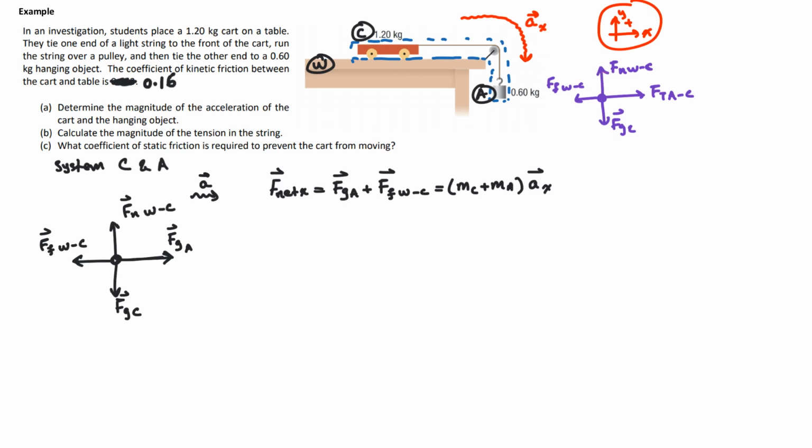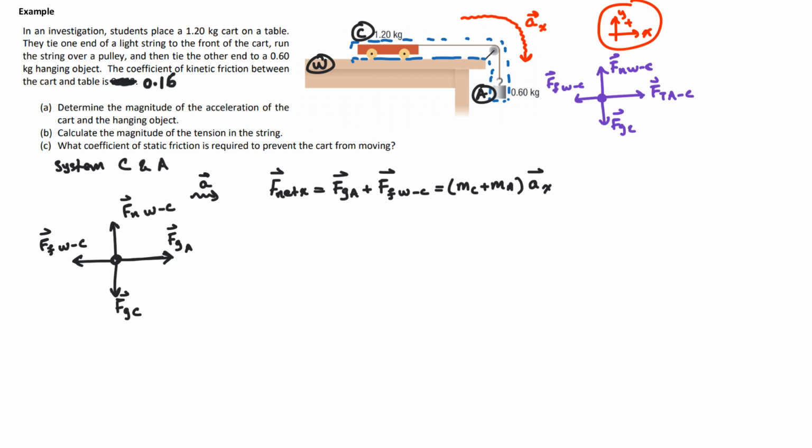In this case, for the normal force, I have to make sure that I can calculate it using gravitational force. I can see that the only forces acting vertically on my cart are these two forces. And since this is not accelerating up or down, these forces need to balance each other out.